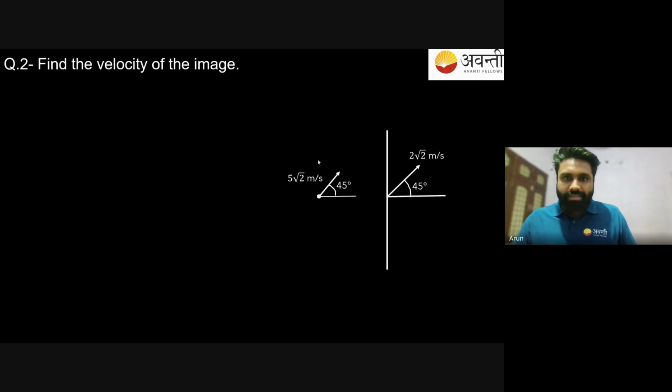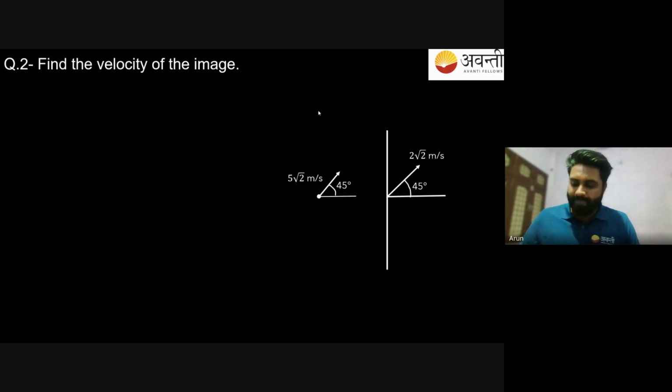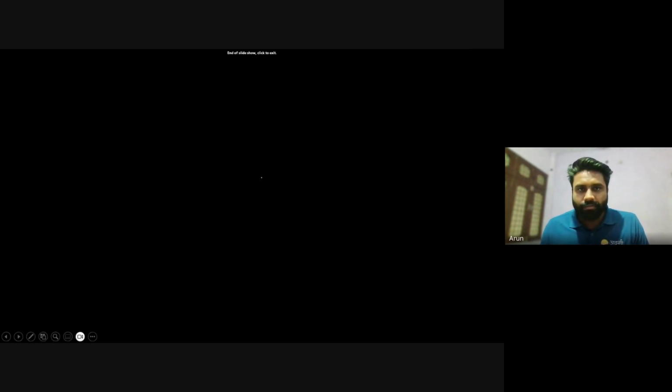Okay, the last question that we have. Just try to solve this question. I am giving you 10 seconds, although it is worth more than 10. Parallelly, I will try to solve it. We are given the velocity of object over here.